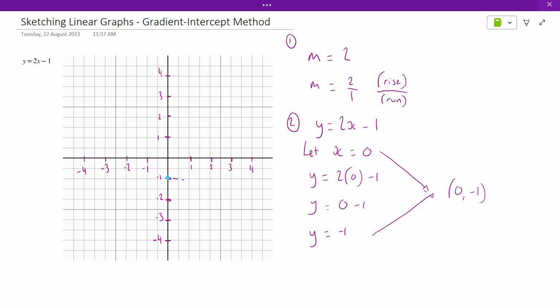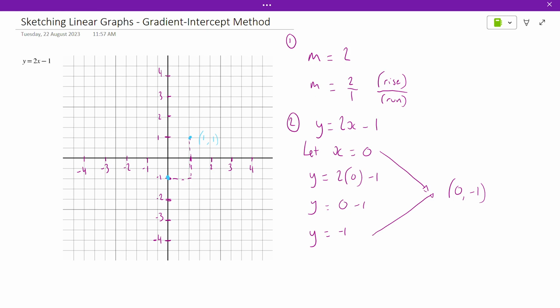We're going to just be running 1 unit from 0 out to 1, and we're going to be rising 2 units. So we're going from negative 1, now we're rising, that would be rising 1 unit, now we are rising 2 units, and we've stopped right at this coordinate here. That is going to be the coordinate 1, 1.